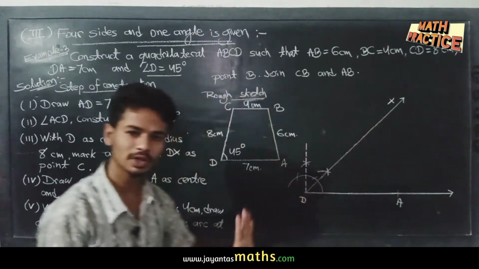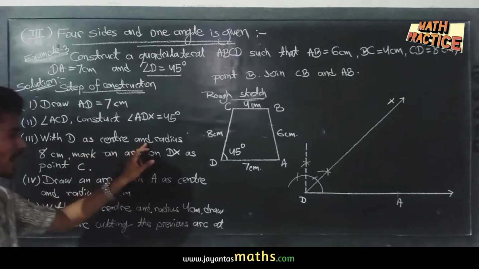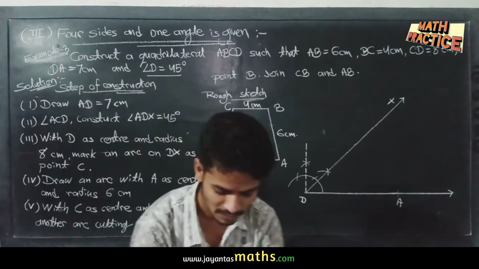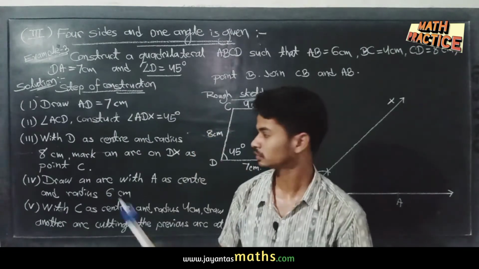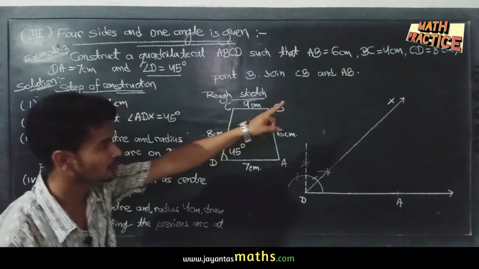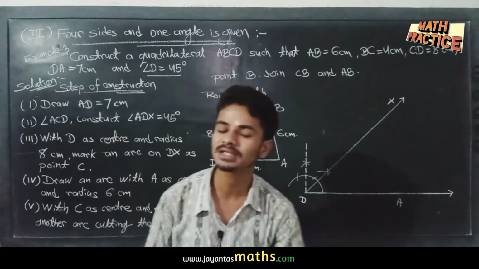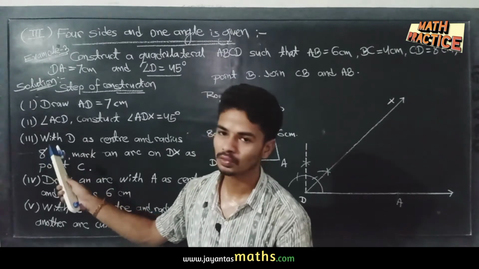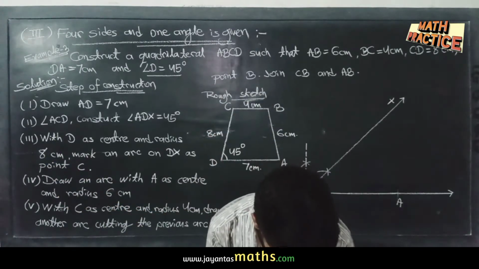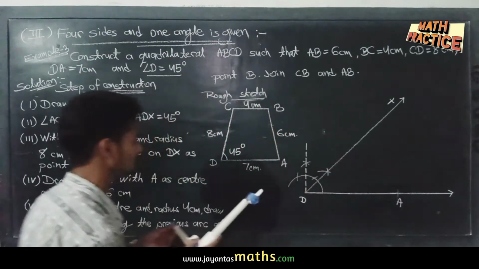Angle ADX is 45 degrees. With D as center and radius of 8 centimeters. But in your book the radius was 11 centimeters because the length of CD was given as 11 centimeters, but I changed it to 8 centimeters, so I measure the length 8 centimeters here.